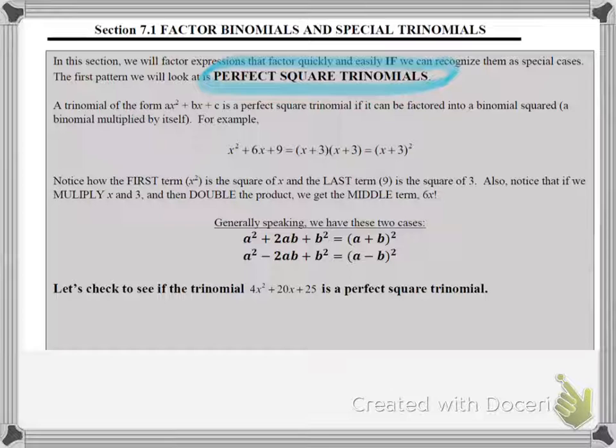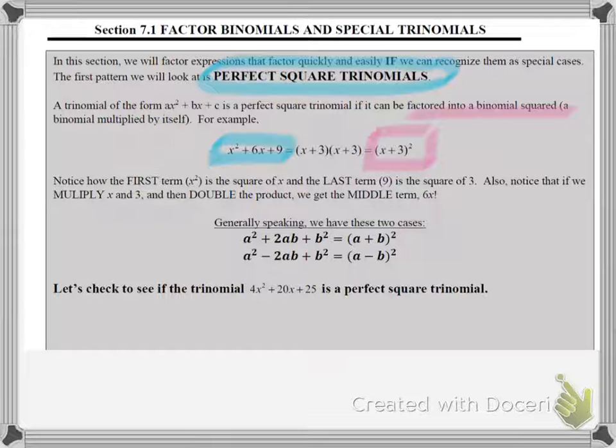So the first one we're going to look at is this x squared plus 6x plus 9. This is a perfect square trinomial. The reason we know it's a perfect square trinomial is because it can be factored into a binomial squared. When I look at the resulting answer, it's the binomial x plus 3 times itself, so x plus 3 squared.